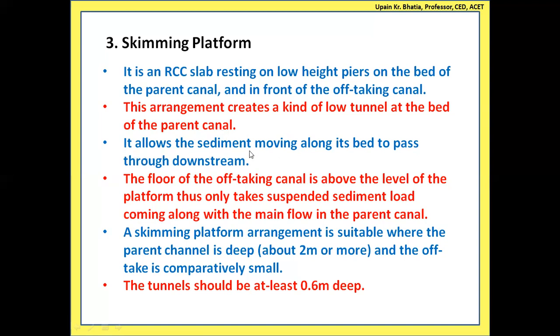Further, it allows the sediment moving along its bed to pass through downstream, because water will be entering into these tunnels only, and this upper slab will be preventing the lower layers from coming out and getting diverted. You will see the diagram in the next slide.